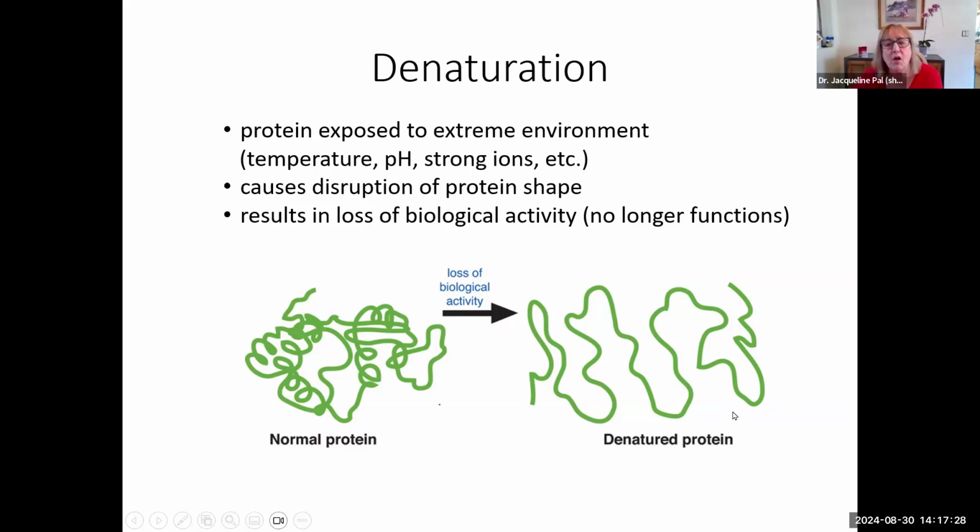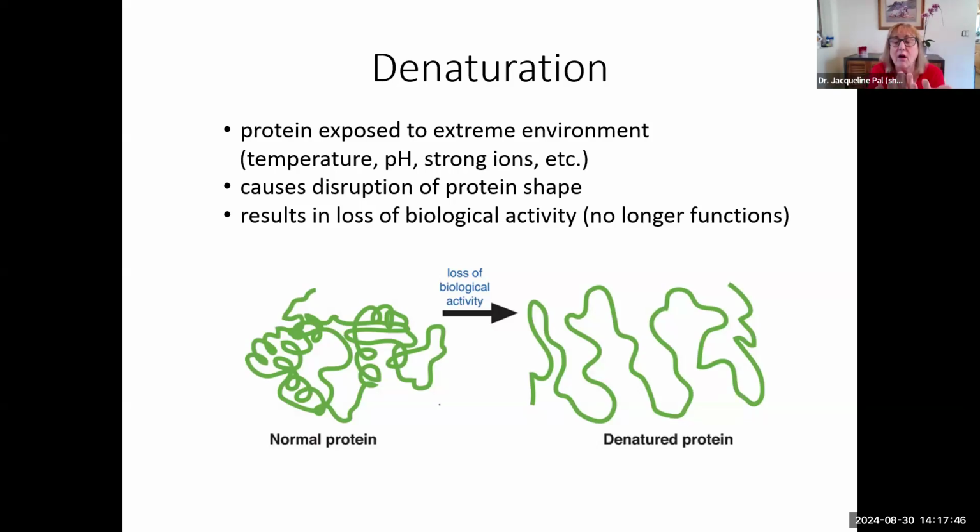And as a result of that, that protein change of shape results in change of function. So that denatured protein has lost its biological activity, meaning it no longer functions.